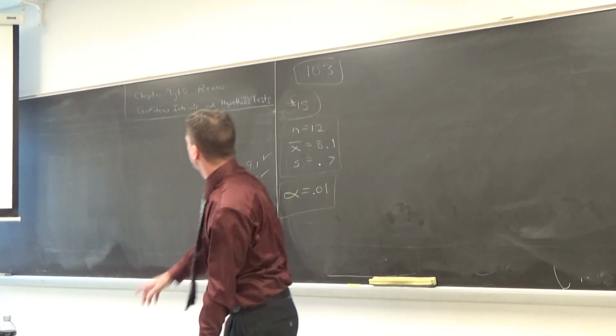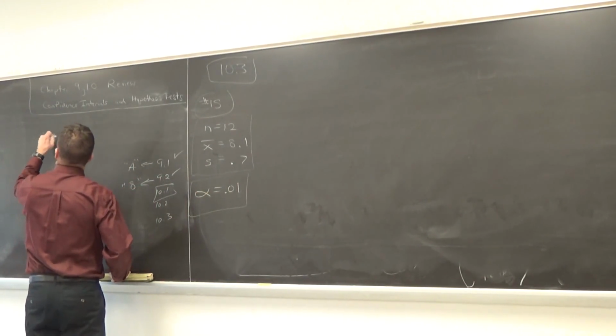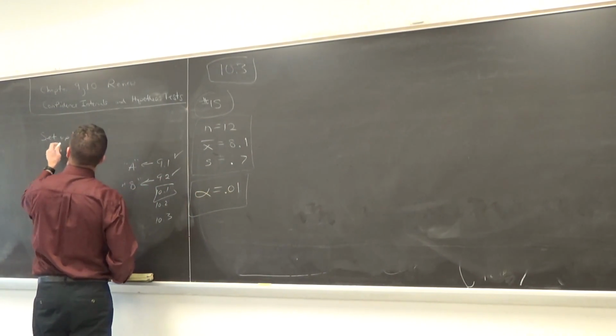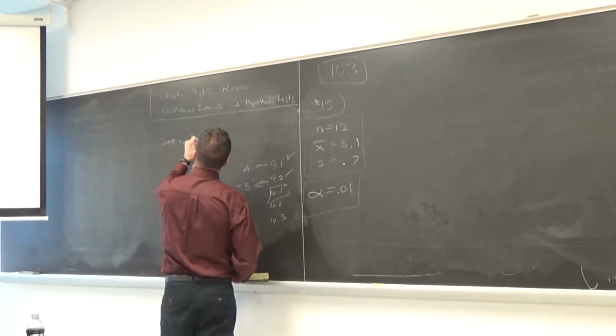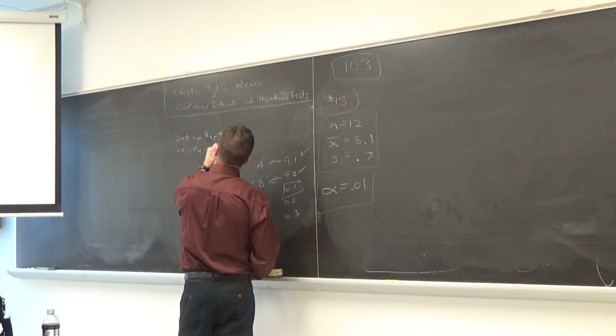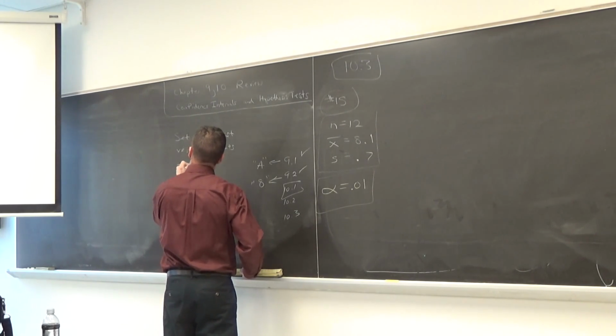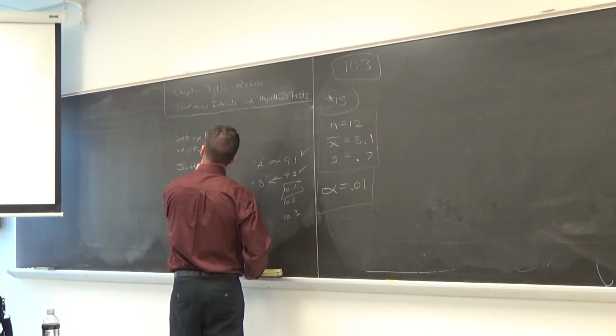anything else? Well, you got to set up your hypothesis test. What else do we have to do? Verify requirements. Then we're going to justify our results by doing two things.